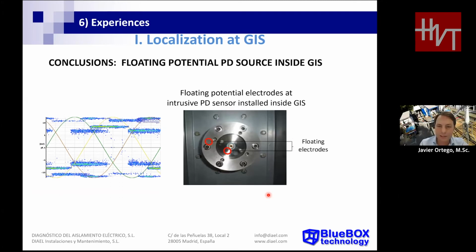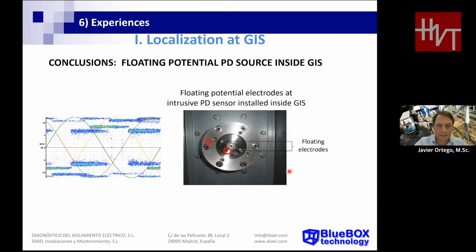The customer had been installing invasive sensors for PD measurement inside the GIS compartment, and those sensors were not properly grounded. So this sensor inside the GIS compartment was generating a floating potential PD phenomenon inside the SF6. Finally, they were able to identify the problem and eliminate these defects from the installation.